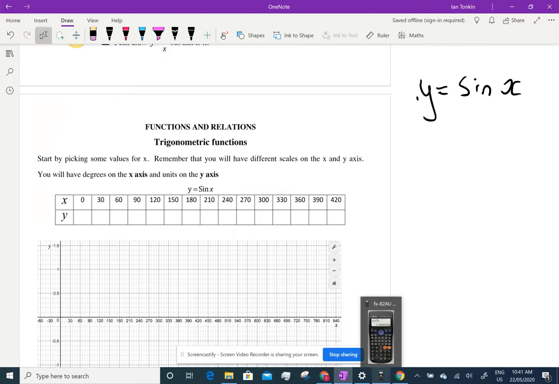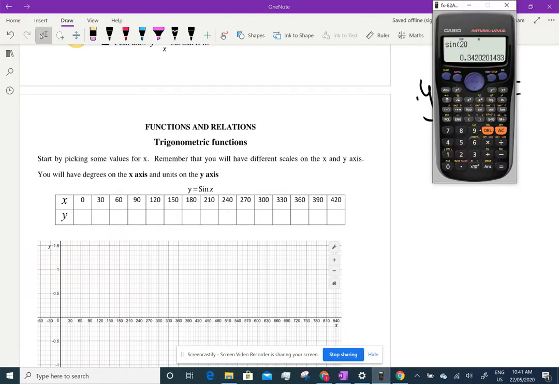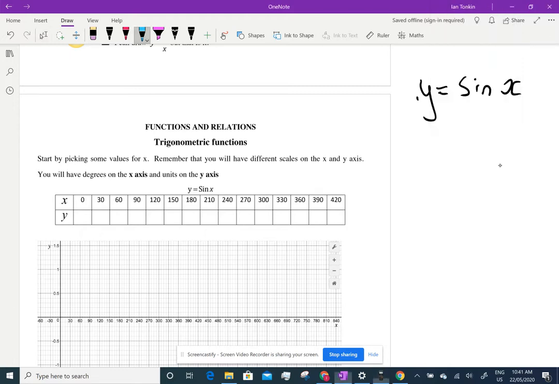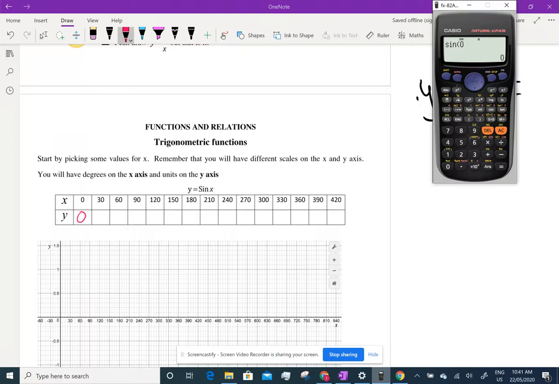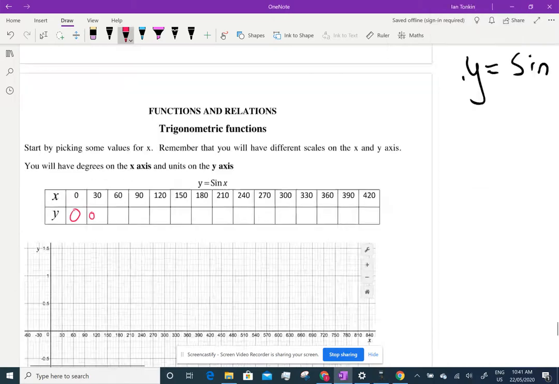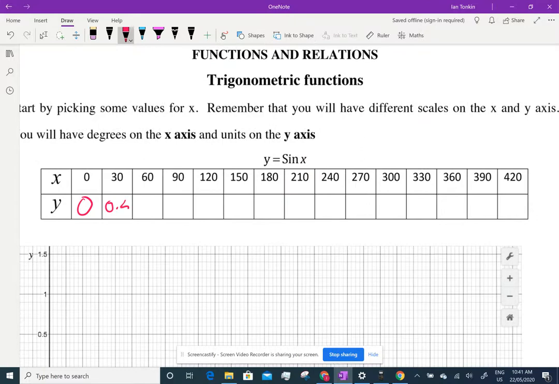So first of all, sine 0. And sine 0 is 0. So we're just going to write these values in here. Sine 0 is 0. Next one, sine 30 is 0.5.